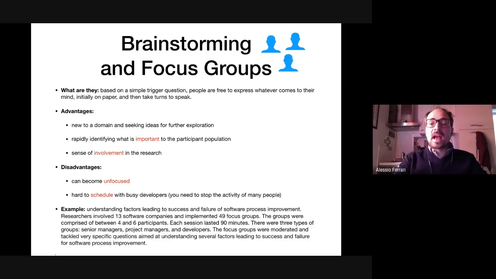They had 4 to 6 participants, and each session lasted 90 minutes. These groups had different types of people, and the researchers moderated the focus groups and gathered all the information on the success and failure of software process improvement.